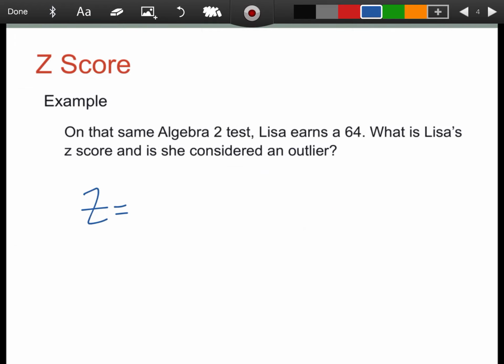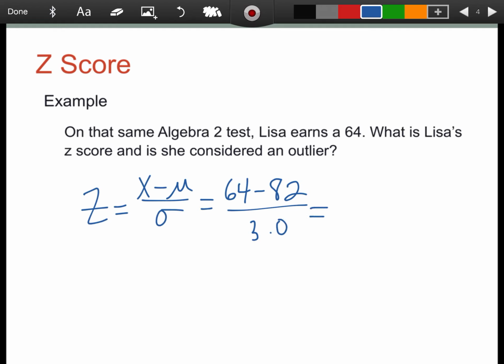All right, on the same Algebra 2 test, Lisa earns a 64. The only thing that's going to change here is her score. My average and my standard deviation are going to stay the same. So her score is 64 minus the average, which was 82, over the standard deviation, which was 3.0. 64 minus 82 is negative 18, and negative 18 divided by 3 is 6.